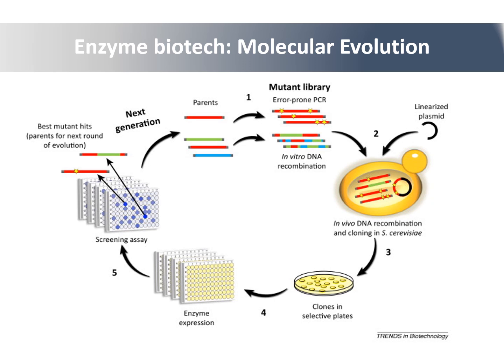So if you look at the scheme that's on the screen, you would see where you start in clones in selective plates, where of course you need a selective agar that will grow that bacteria, that organism that produces the enzyme you're looking at.